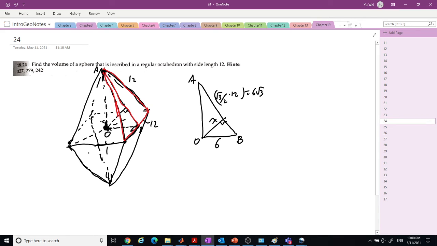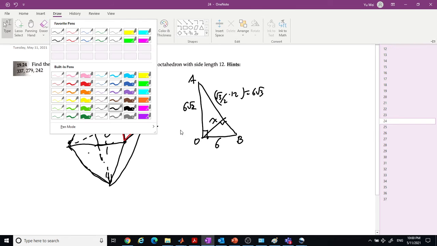Then we can calculate this height. This is 6 root 2, based on the Pythagorean theorem. Now we have two similar triangles.